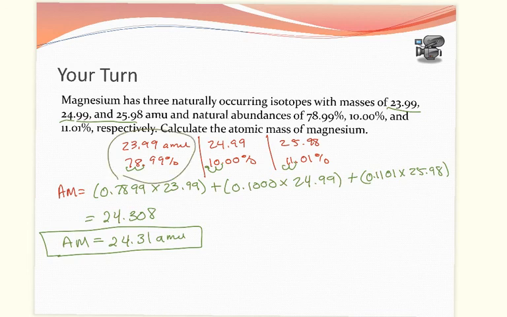So we see that our average is going to be closer to 24 than it is to 25 or 26, because we have about 79% abundance for isotope 1. It's kind of like if your final is worth more than your test, so it's going to affect your grade more than your individual tests. So you would have to get a better grade on your final to raise your grade in the class.